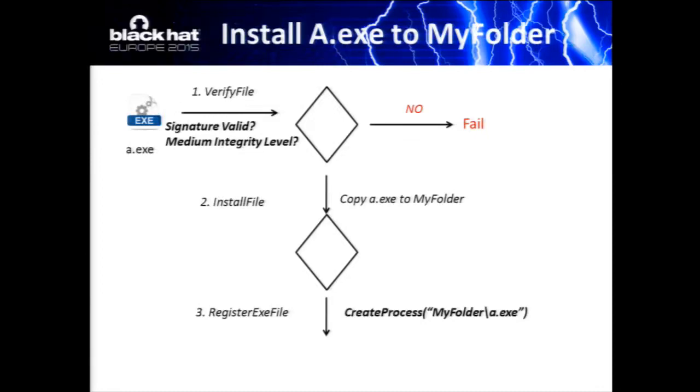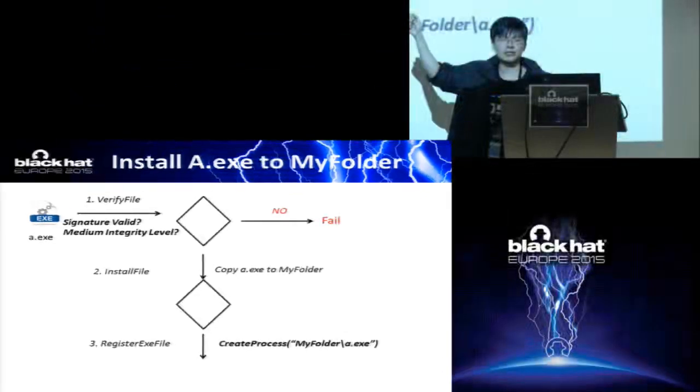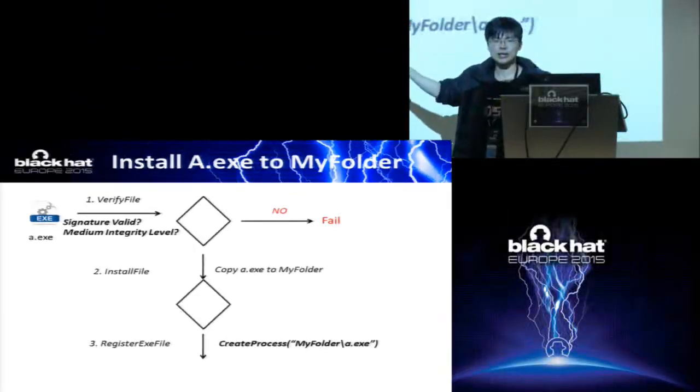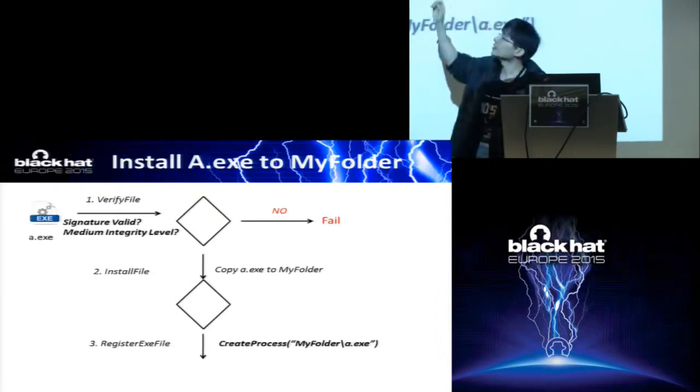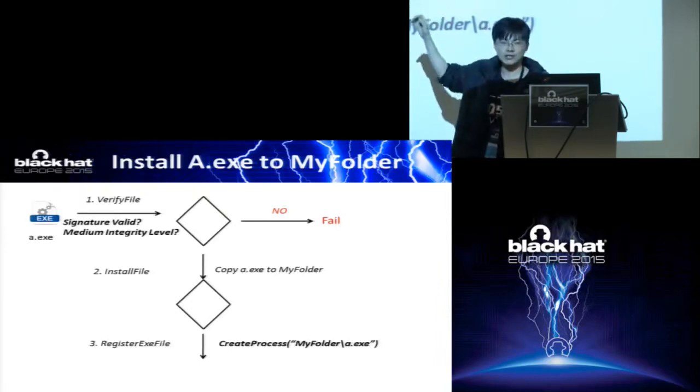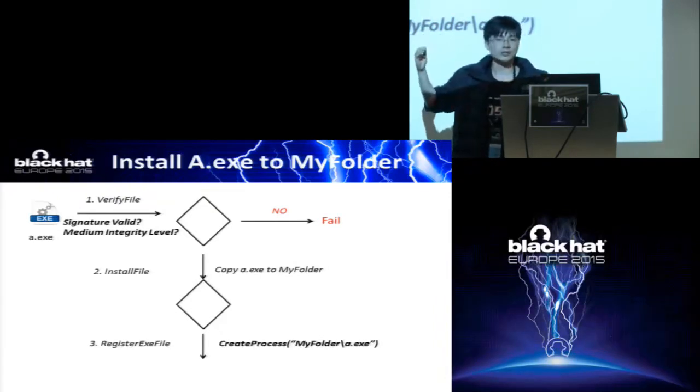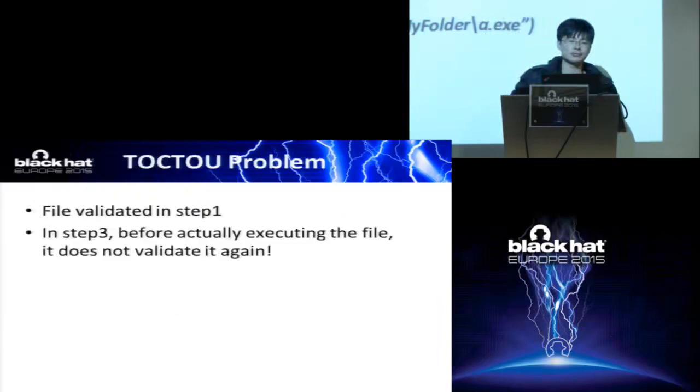This file is verified in step 1 and executed in step 3, but before it executes the file in step 3, it does not verify it again. Which means if you are able to replace this file between step 1 and step 3, the install broker will not know that the file is not the one verified in the first step. And this is the bug.